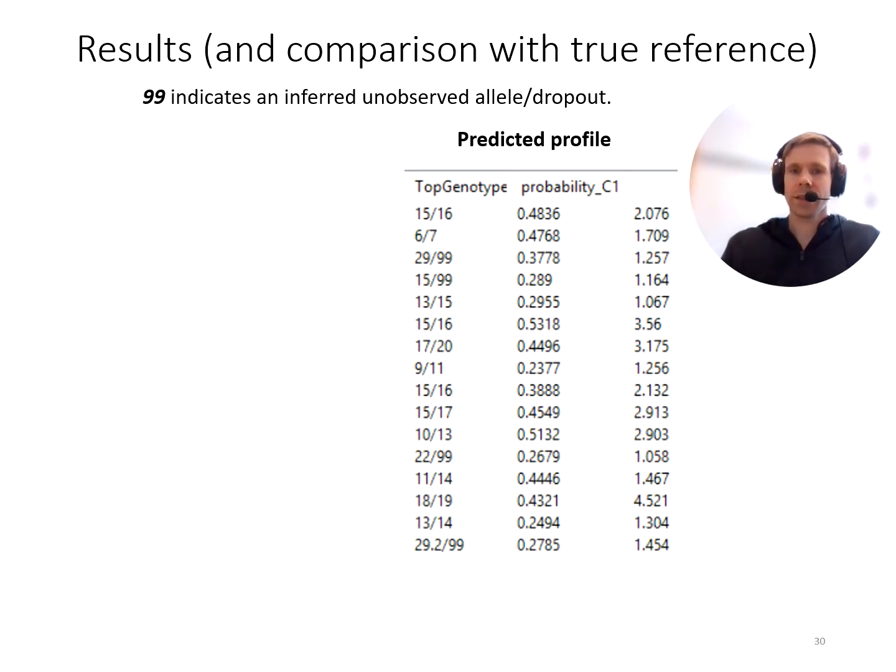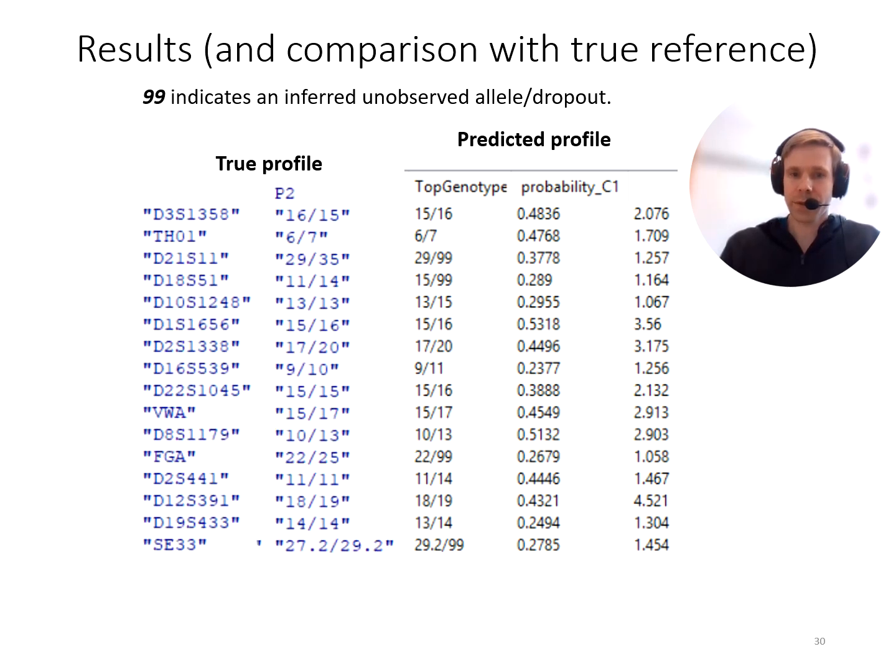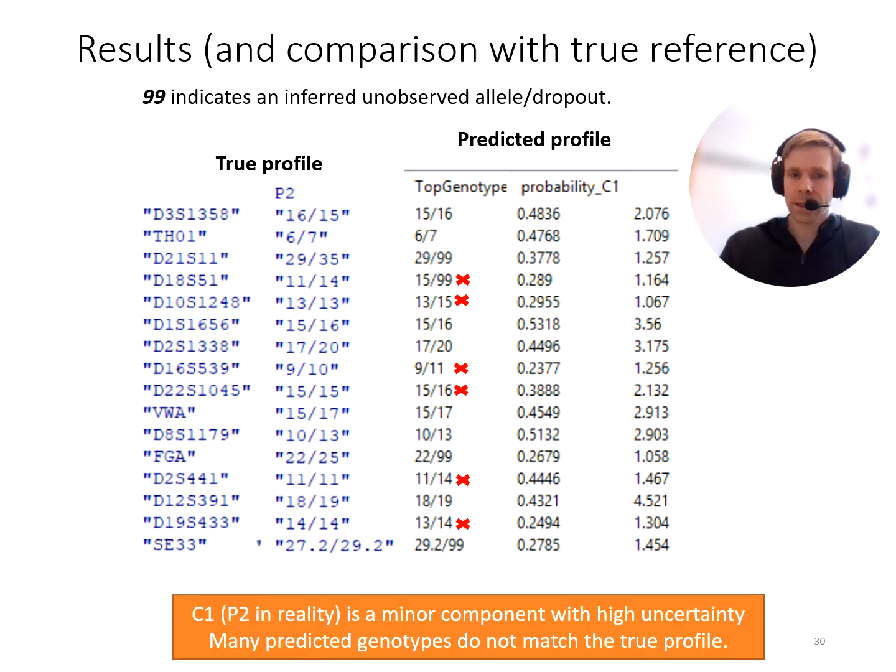Okay, next contributor, C1. It corresponds to the PU2 profile, and this is a minor component with very high uncertainty. Notice that the 99 allele is indicated as an inferred dropout allele, which is not part of the evidence profile.